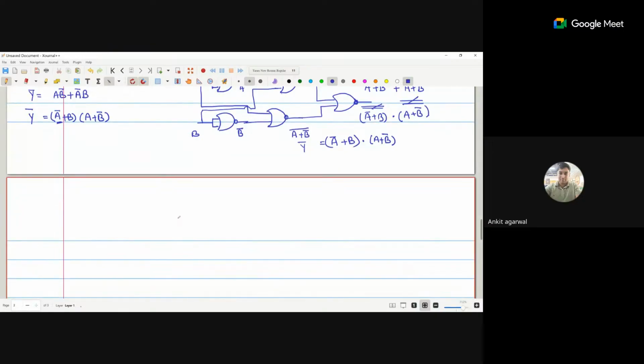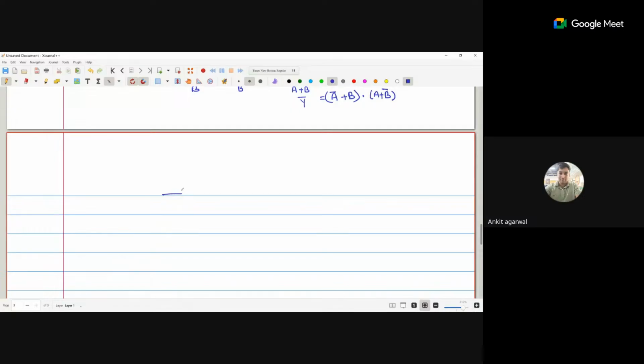Wait one. A bar, B bar. We are getting A bar plus B bar whole bar, that is AB.